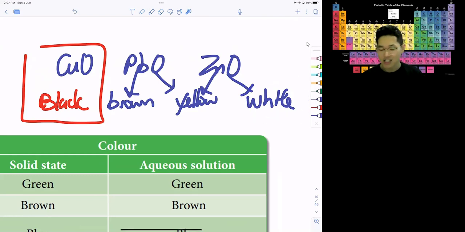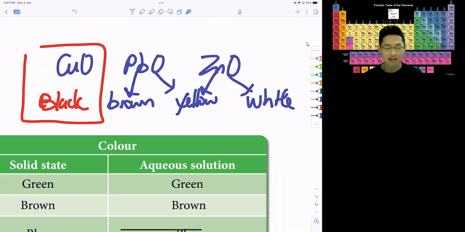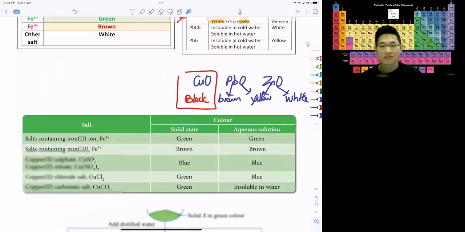So when you start frying the chicken, hot, it turns yellow. Longer a bit, brown. You still frying it non-stop, it's burnt black. Also can, as long as you can remember the color. That's all.